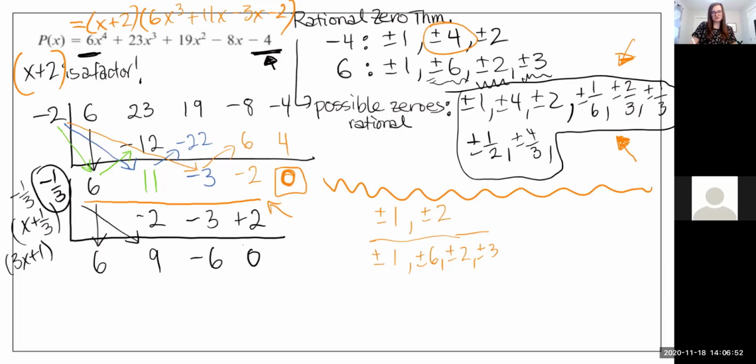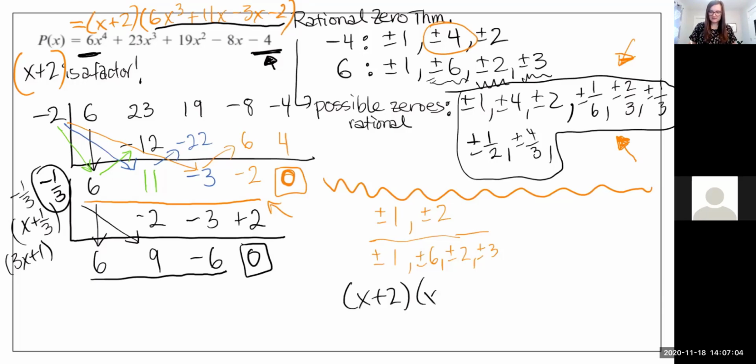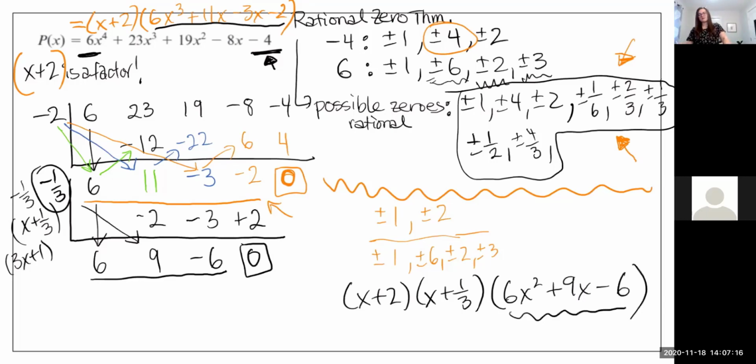which gives us 0, which is good, which means that now we have this factored down to x plus 2 times x plus 1/3. Remember, it's opposite to the 0. And then 6x squared plus 9x minus 6. And so now we can use other strategies to factor this down.